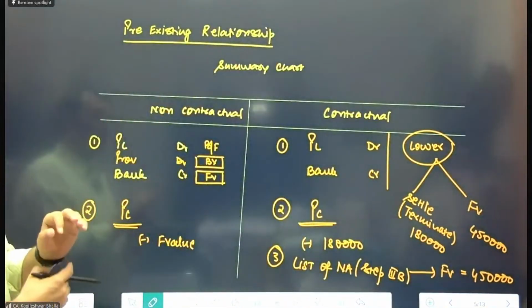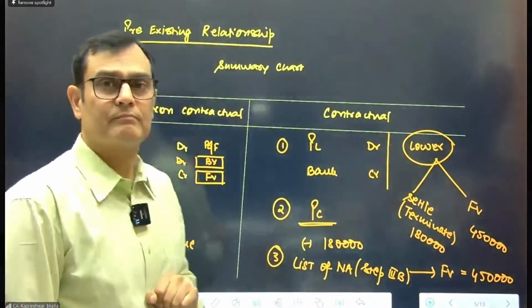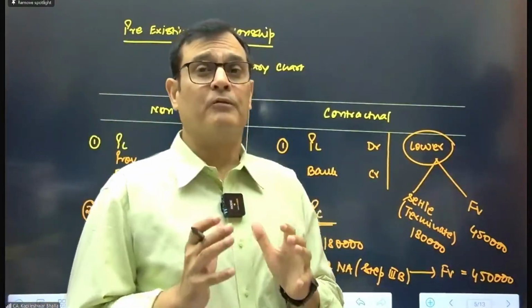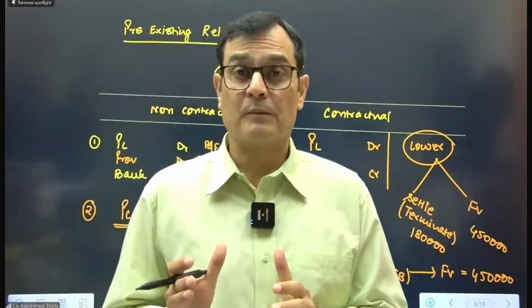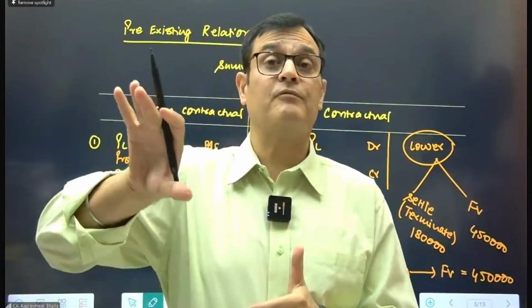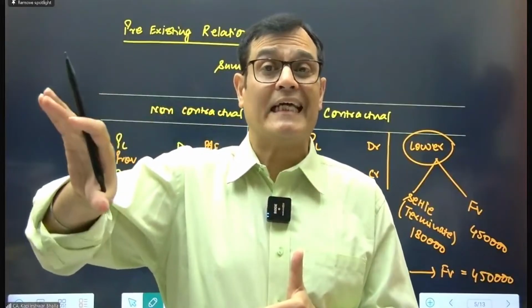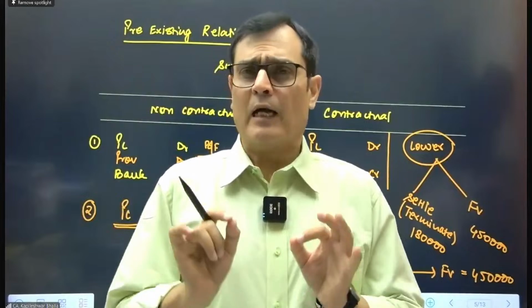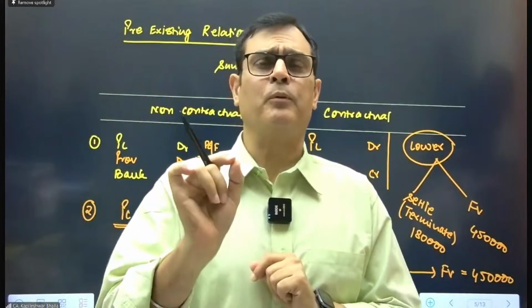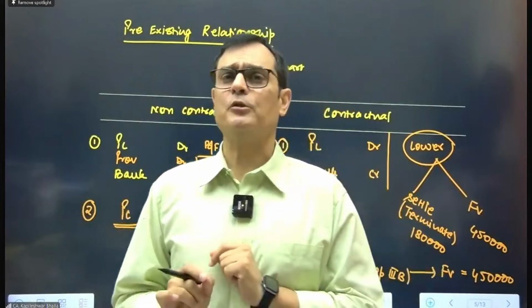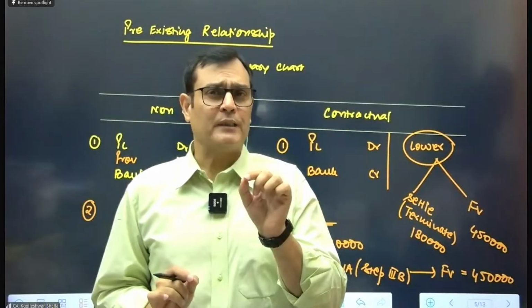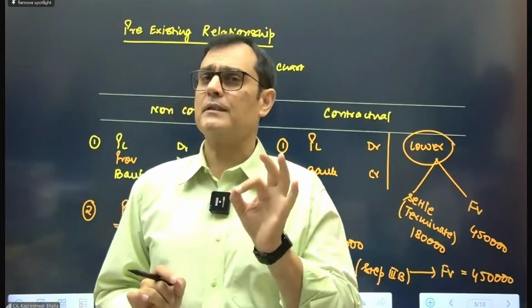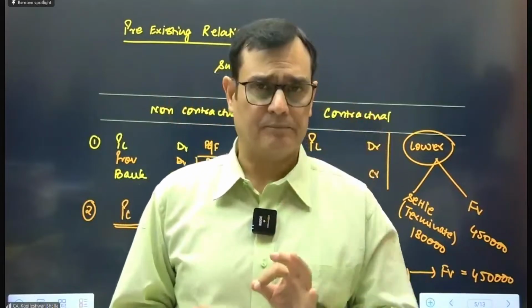I think I now want to make some chart with you. Now, let's do one thing, friends. Before we do a comprehensive question, because the PC is done, I'm still left with the calculations of NCI and the goodwill. So let's first make a comprehensive chart. I'm going to give you a very interesting chart. Please try to answer as many questions as you can, because if you can answer the majority of the questions, your concepts are going super duper.